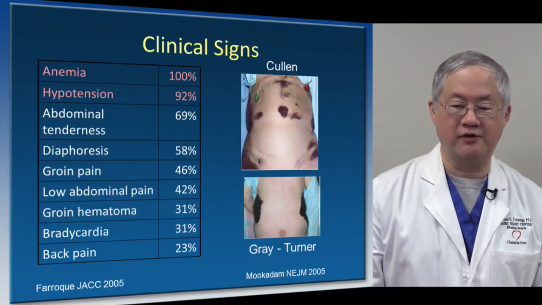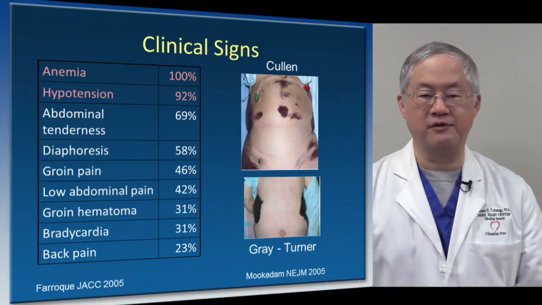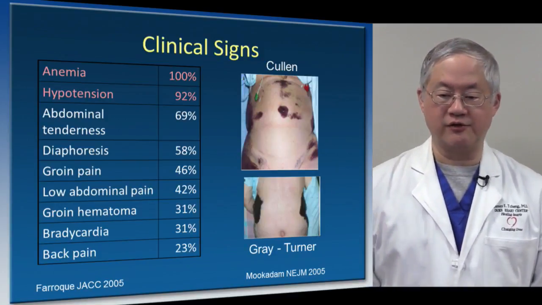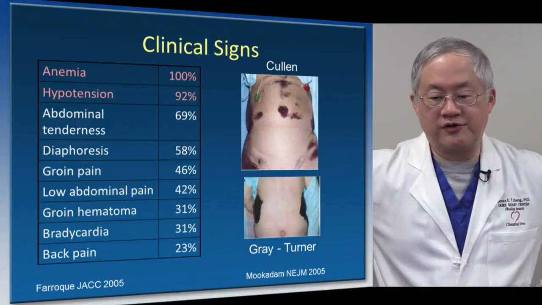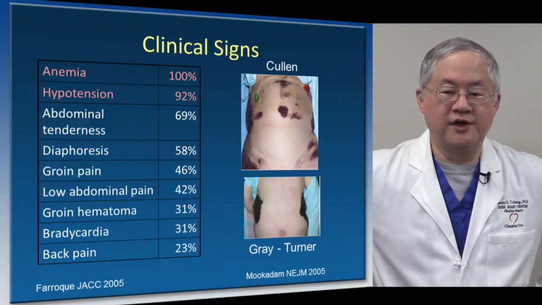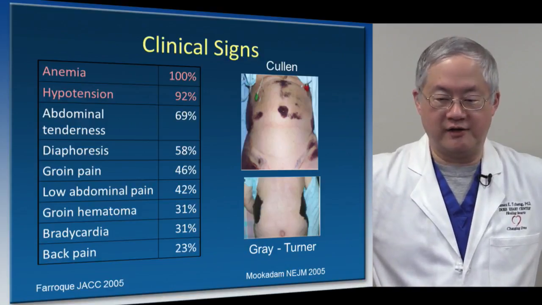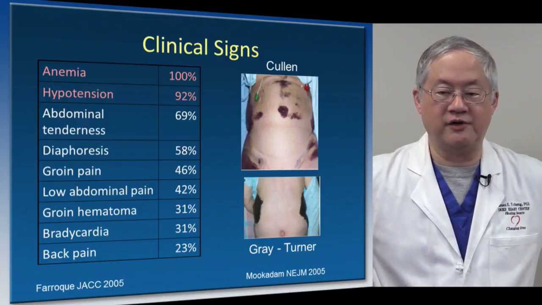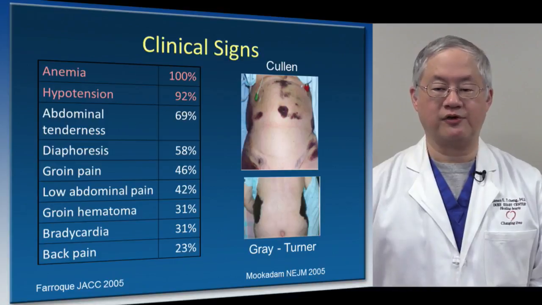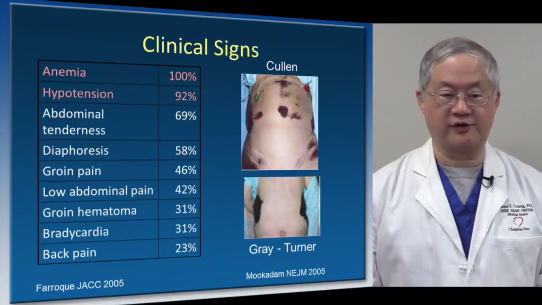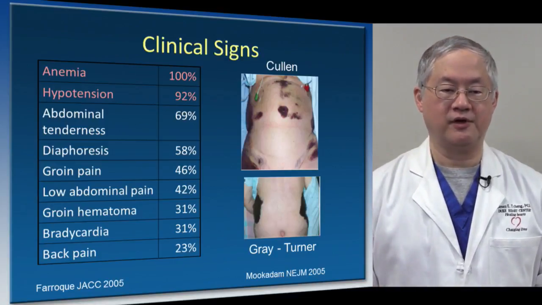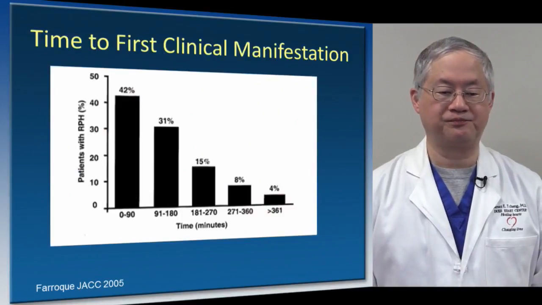There's Cullen's sign, which is periumbilical hemorrhage and ecchymosis. There's Gray-Turner's sign, which is ecchymosis in your flanks. You probably don't want to wait for those, because most of the time that we find these, the patient is already in dire straits or worse. So please don't wait for these particular signs to appear, but instead act upon hypotension.